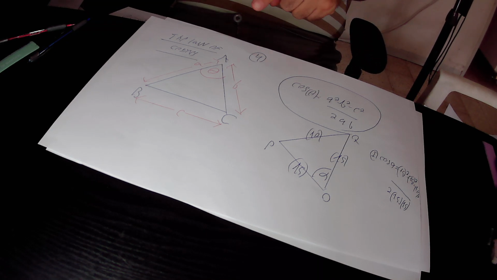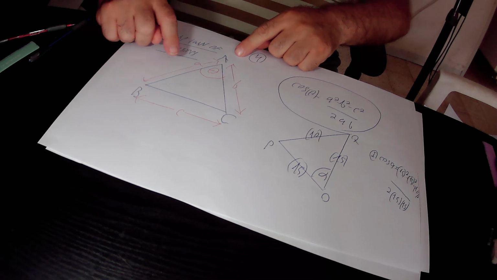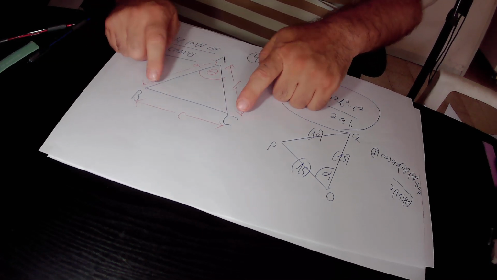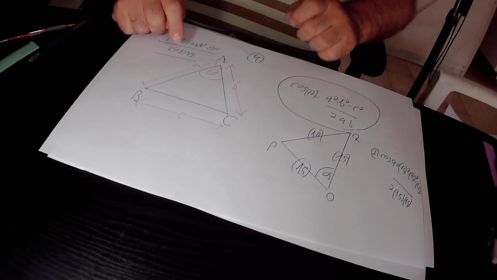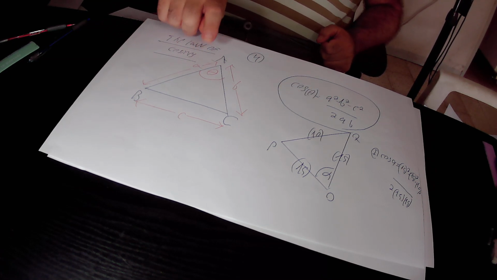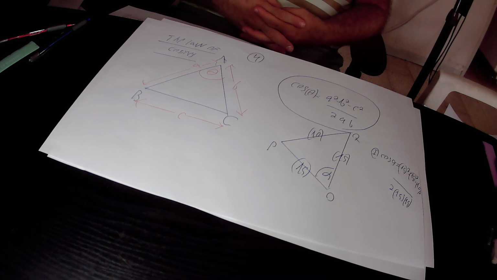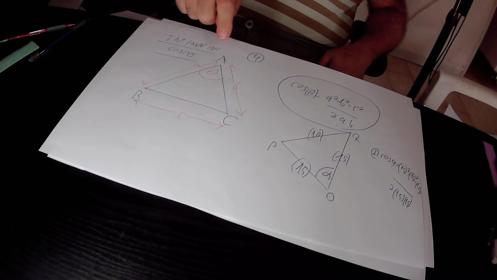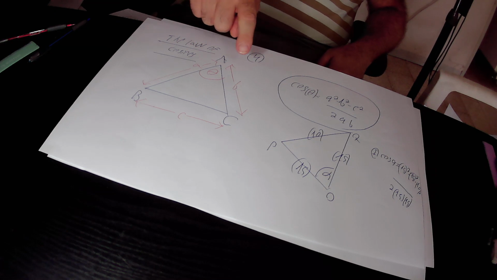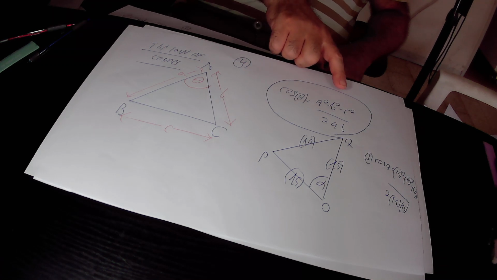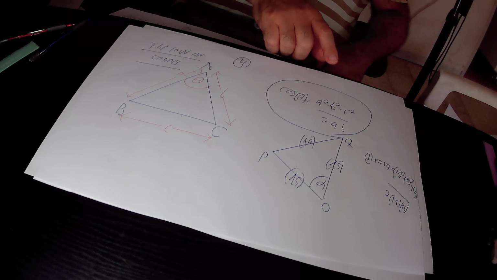In this triangle ABC, side AB equals A units in length, side AC equals B units in length, and side BC equals C units in length. This is angle theta. According to the law of cosines, cosine theta equals A squared plus B squared minus C squared over 2 times A times B.